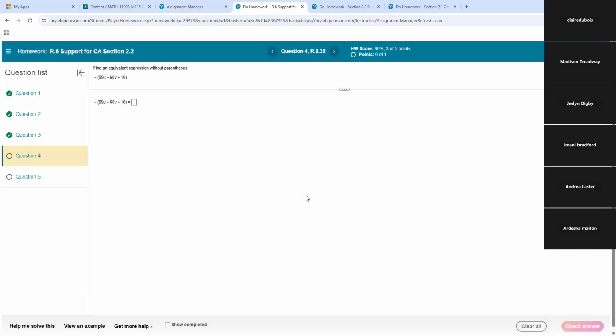So y'all, I'm going to let y'all play with number 4. See what y'all do here. You've got a negative, and then parentheses, 99u minus 60v plus 16.